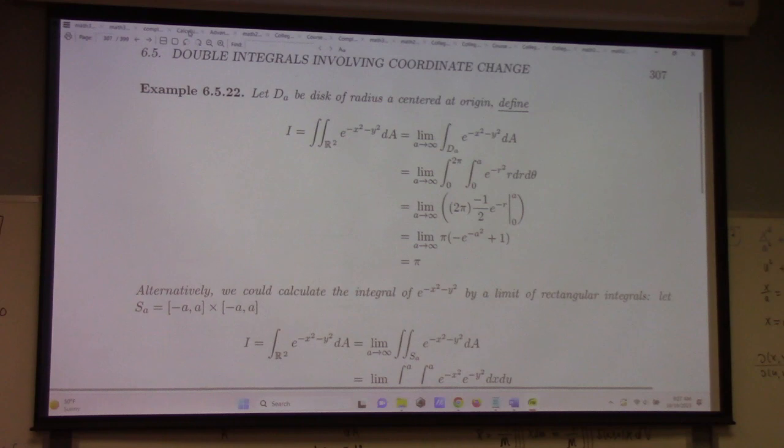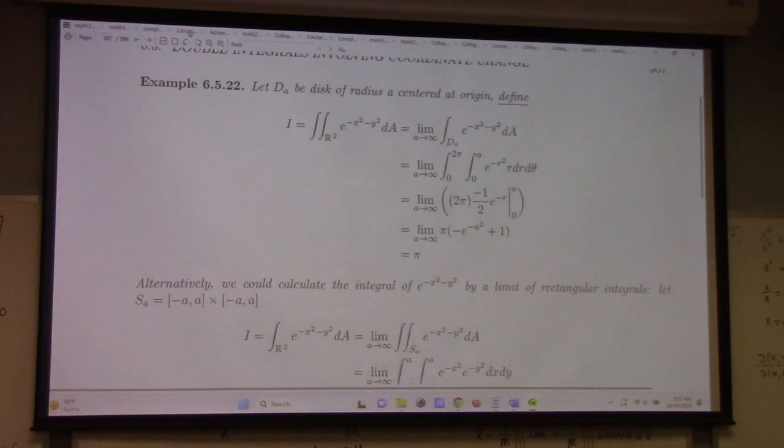But on the other hand, we could also look at this integral as rectangular integrals over the symmetric square from plus or minus a in both the x and y directions, and let the side of the square go to infinity. Of course, that's actually half the side of the square because the length of the side would be 2a.